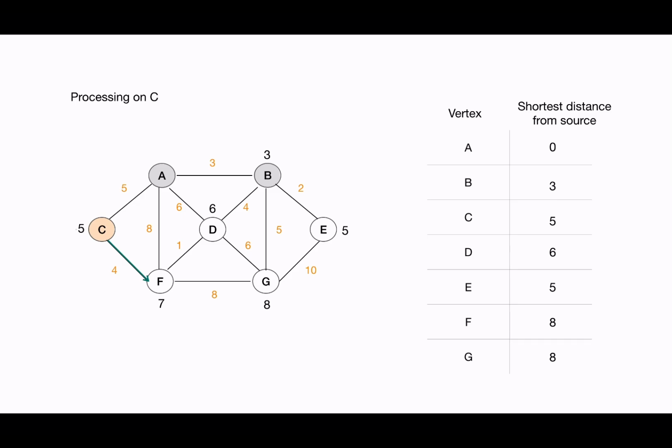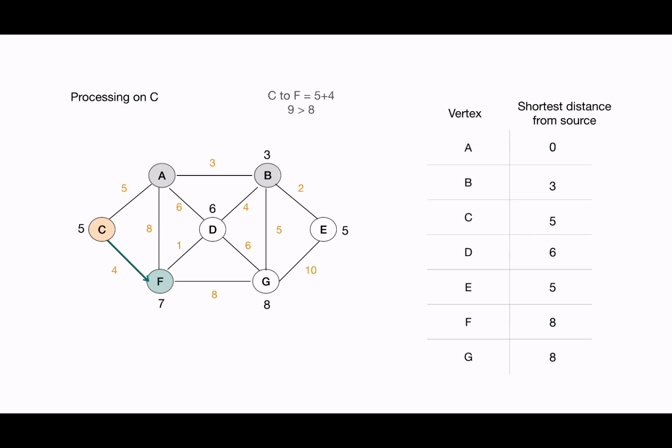But F is already 8 if we go directly from A. So we are not going to take that. Now C is also visited.